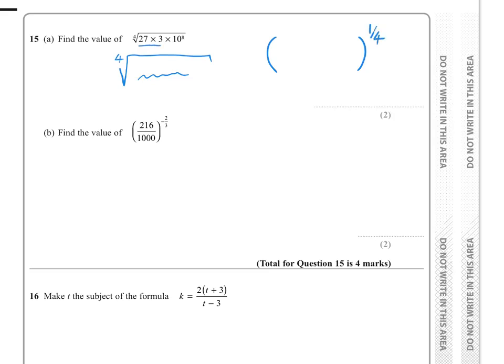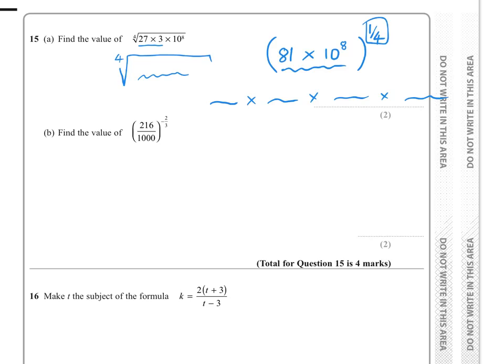So we could do 27 times 3, which is 81, and then just write that as 81 times 10 to the 8. Now the 4th root means that we have something times the same thing times the same thing again times the same thing again gives 81 times 10 to the 8.